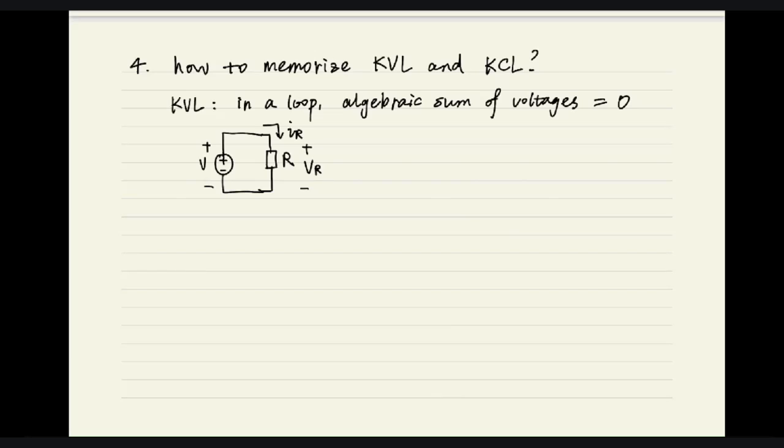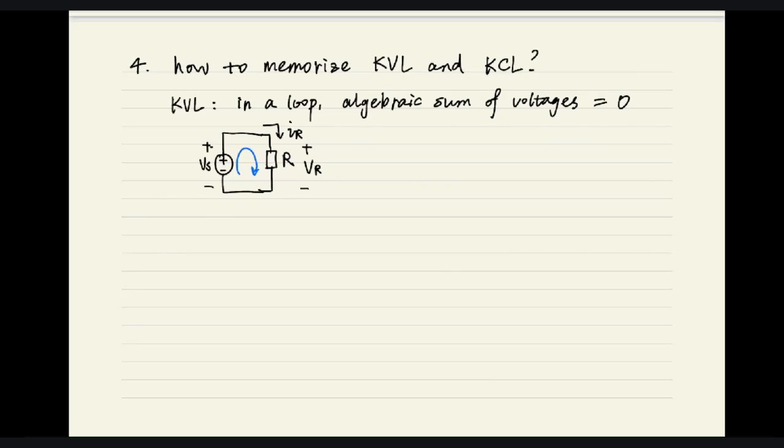Okay, the idea behind this law is the conservation of energy. For example, in this circuit within the loop, the energy is supplied by the voltage source on the left and absorbed by the resistance on the right.